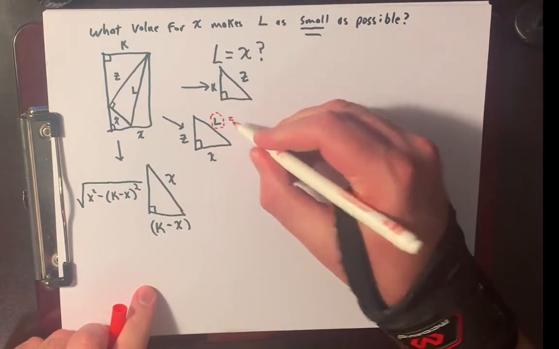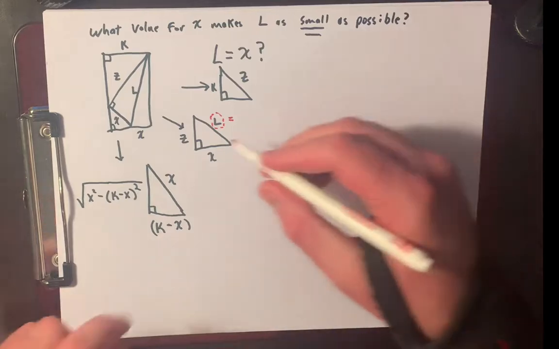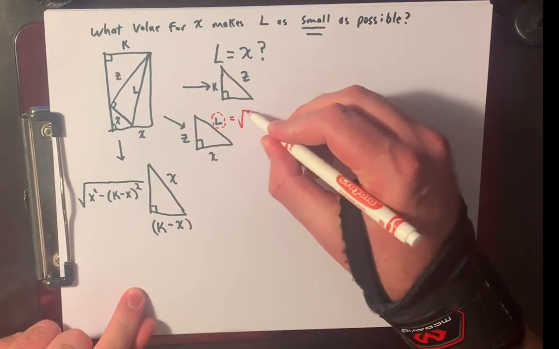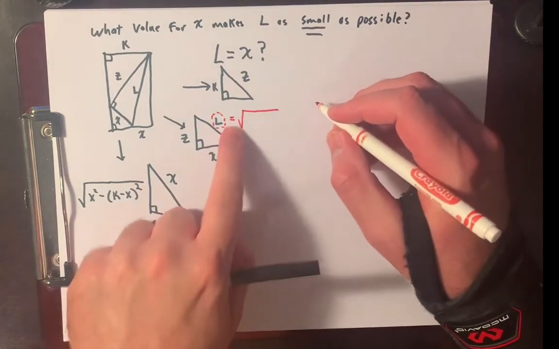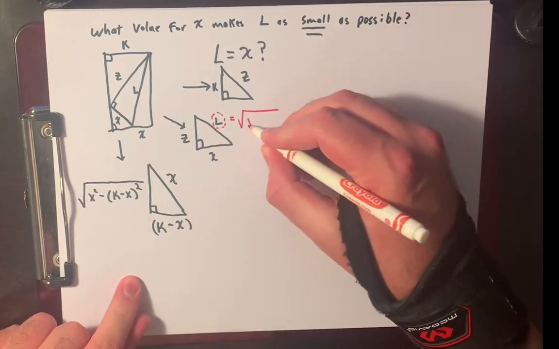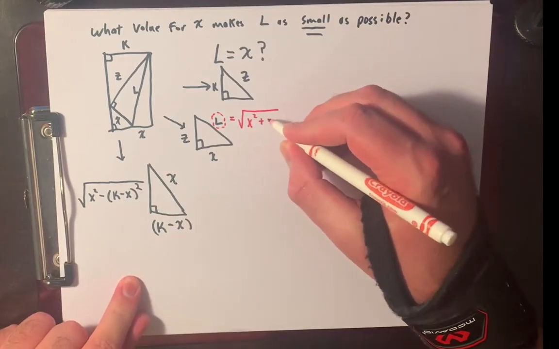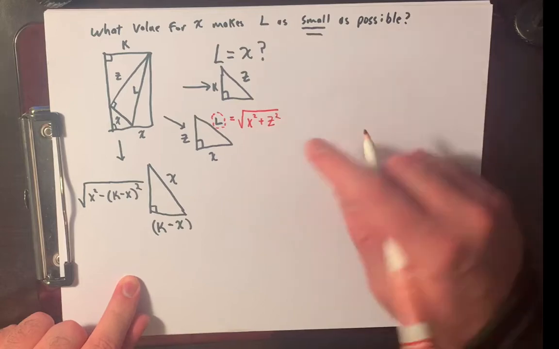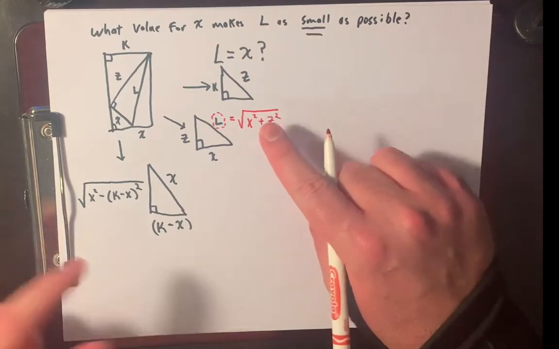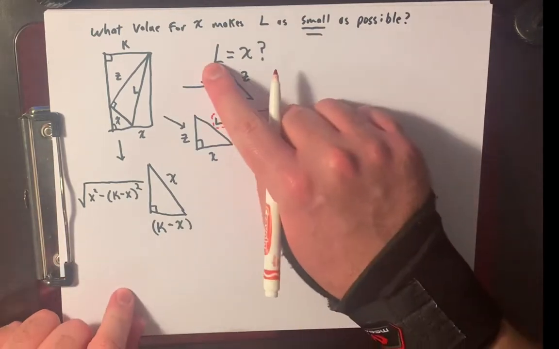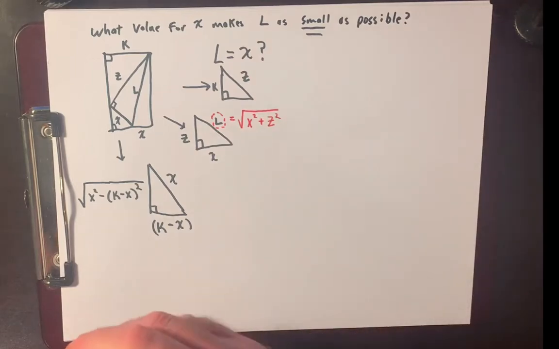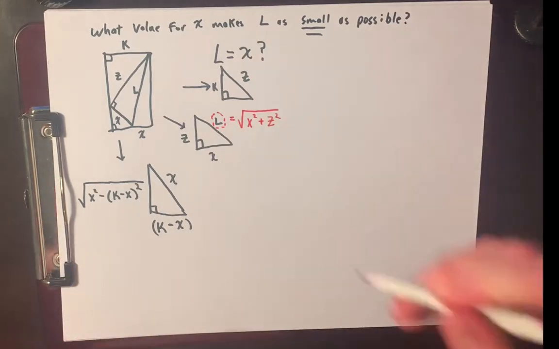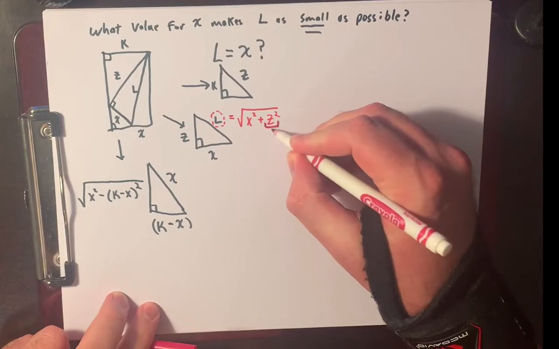So if we were to arithmetically solve for L using the Pythagorean theorem, we would know that L is equal to x squared plus z squared. Okay, so now all that we need to do in order to express L in terms of x is try to find a way to express z in terms of x.